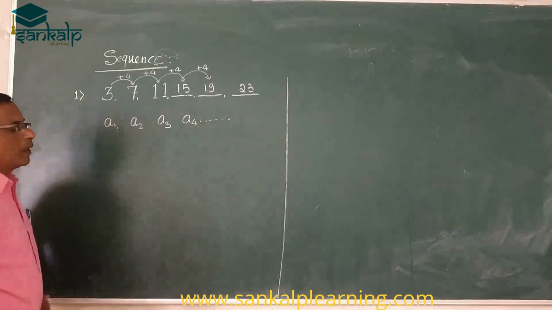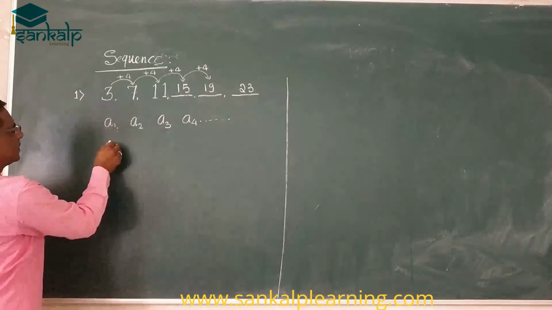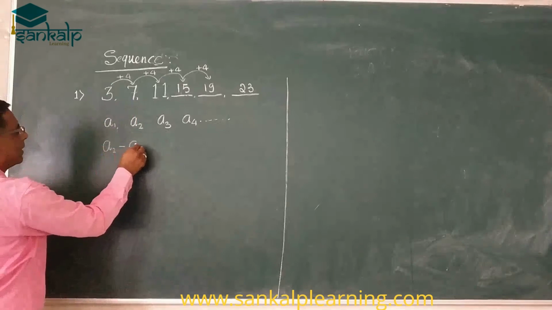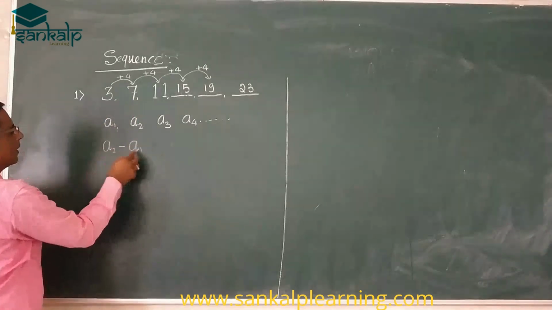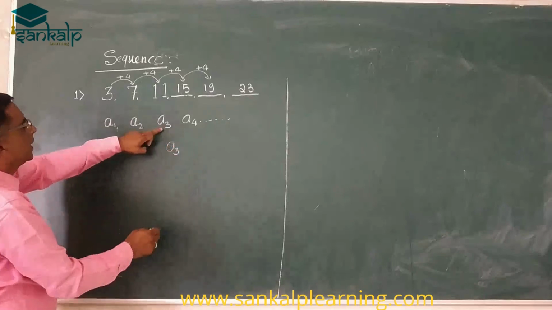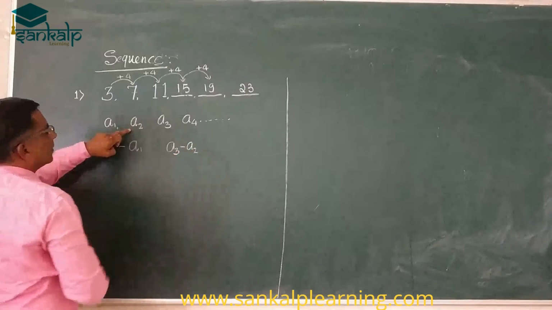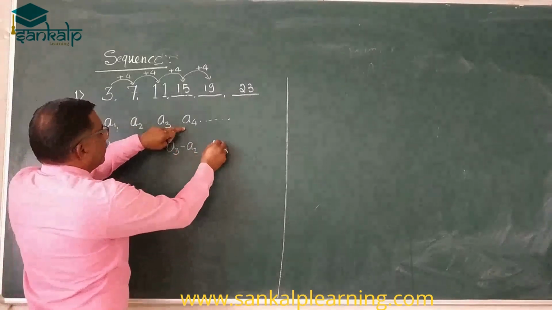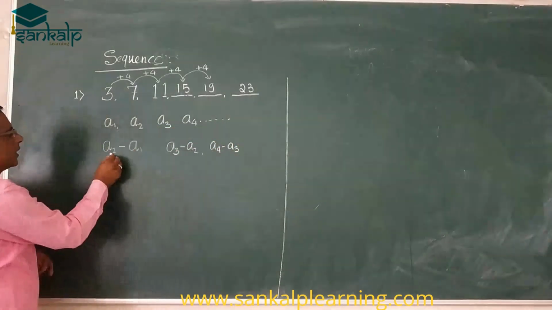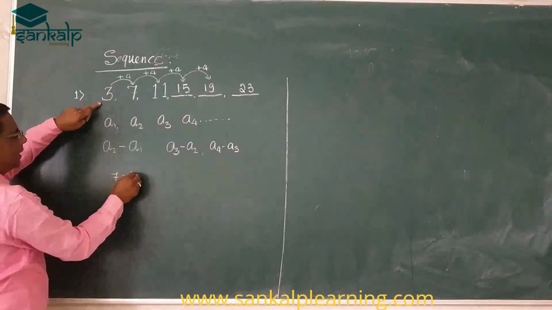If you observe the property of this sequence, if you subtract a number from its preceding number, meaning A2 minus A1, or A3, the third term, its preceding term is A2, A3 minus A2, or else A4 minus A3. What we can observe is A2 is 7 and A1 is 3.